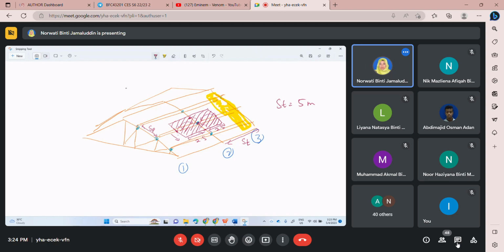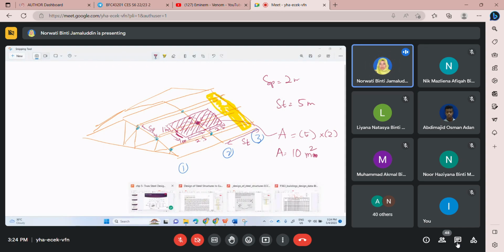SP purlin 2 meter, so half here means 1 meter, another half 1 meter. So the total area is 2.5 plus 2.5 will be 5 again, 1 and 1 will be 2 again. So the area that this point will cater is 5 times 2 meter square.